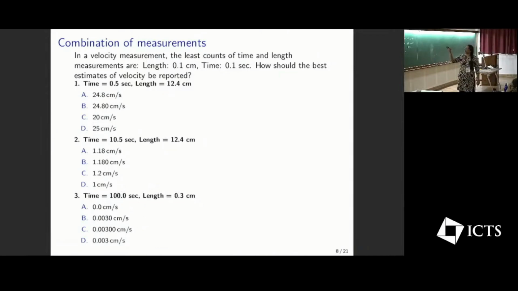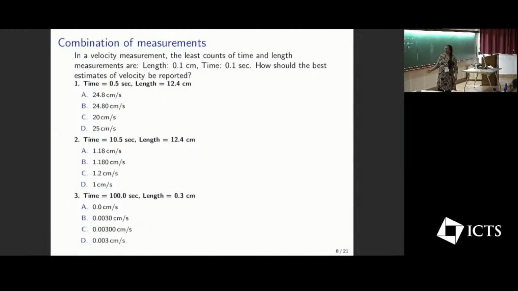So in such cases, when you have an extremely slow velocity, you might have the ant actually moving. It doesn't mean that with these scales you cannot measure the velocity. You may have a scale which only measures 0.1 centimeter, but you can still measure the velocity of a very slowly moving creature.